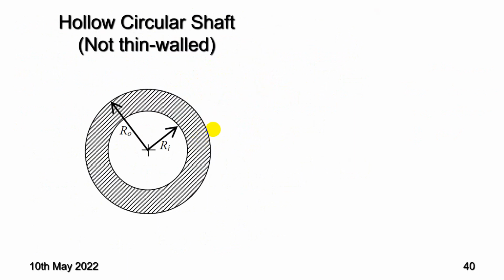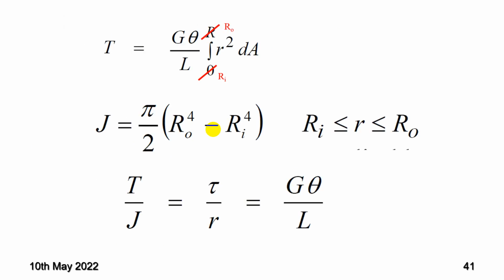Now if you look at a non-thin wall of a hollow circular shaft, then your integration goes from R1 to R naught, or Ri to R out, internal radius to external radius. The same equation is applicable, so you can use this same equation in a similar way, but the only difference is your polar second moment of area is going to be different.